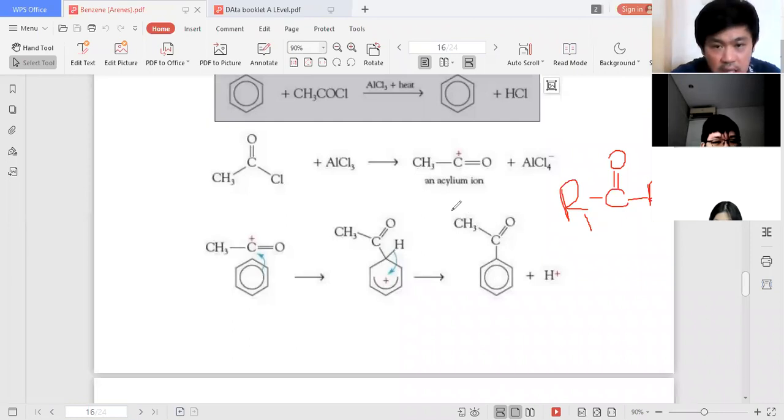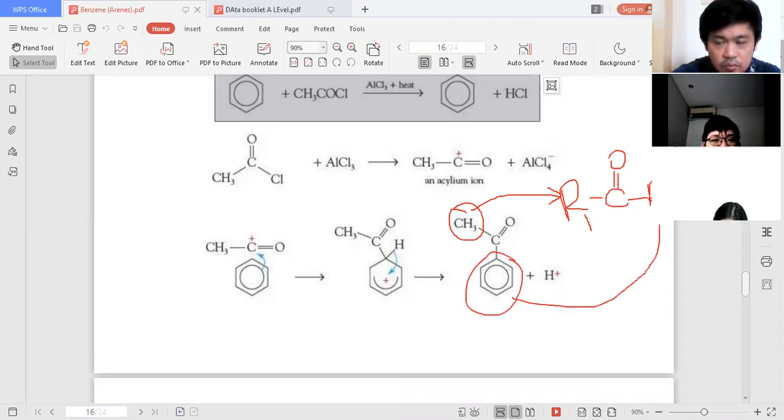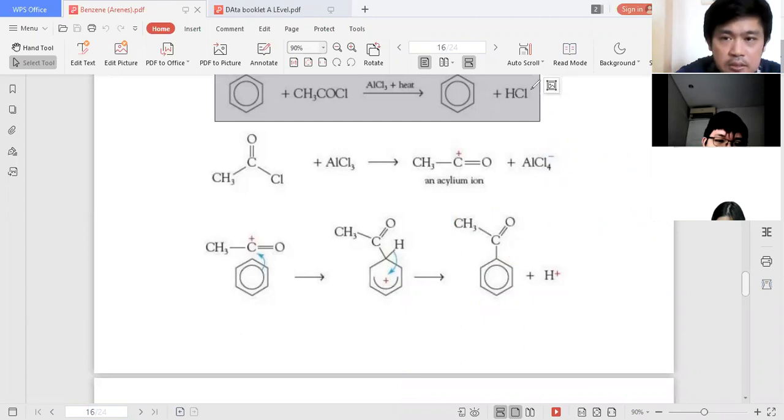So this is R1 and this one is R2. It has a similar structure. Okay. Next.